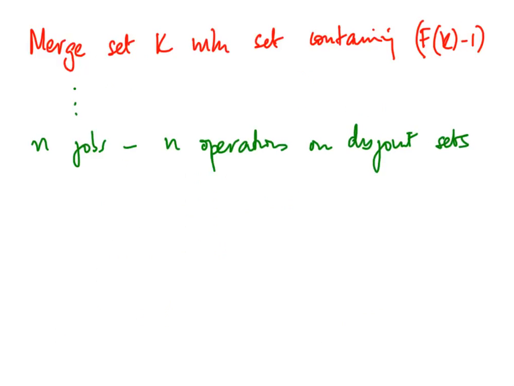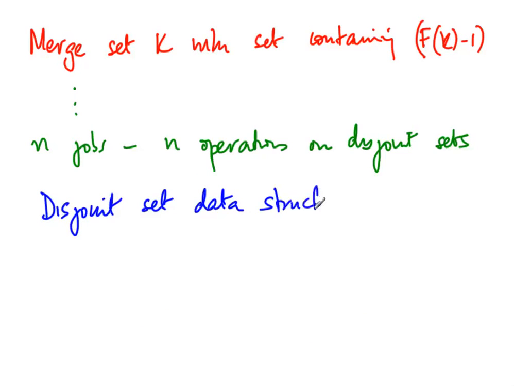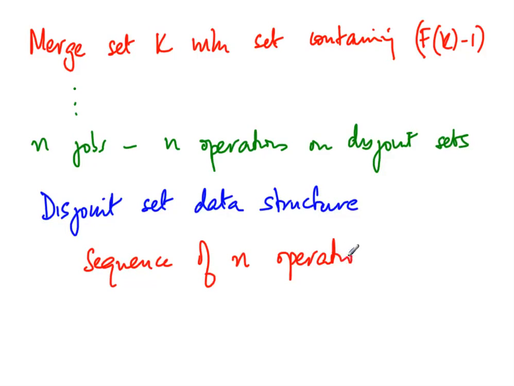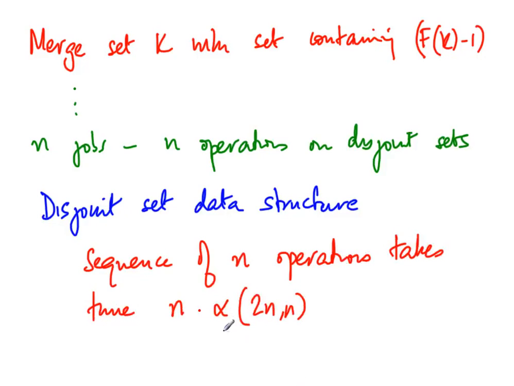Now, if you go back and look at this disjoint set data structure, it says that any sequence of n operations takes time n times alpha of 2n comma n. This alpha of 2n comma n is what is called the inverse Ackermann function.